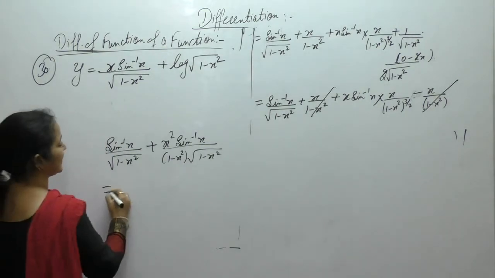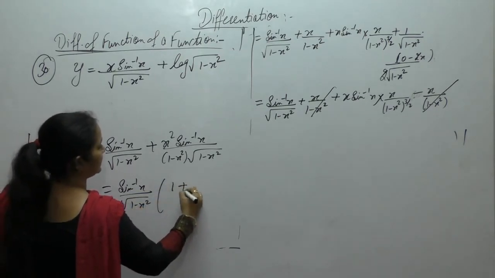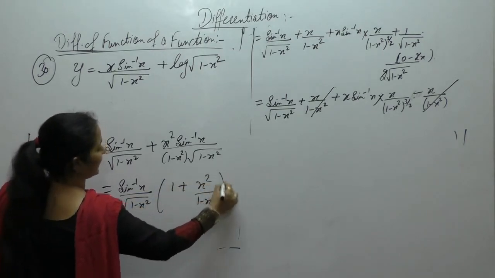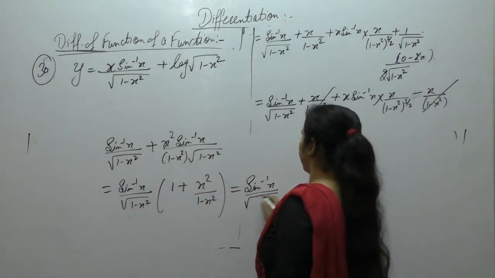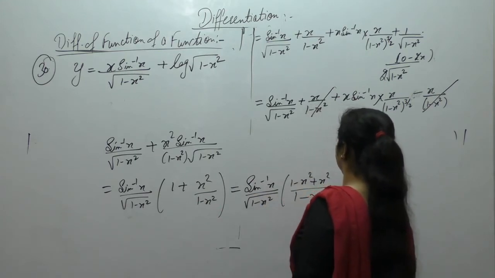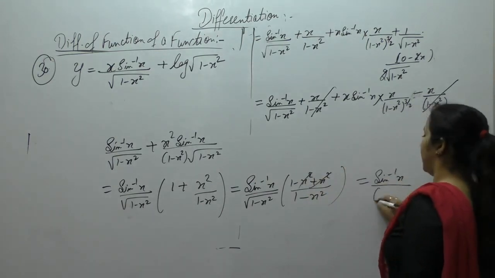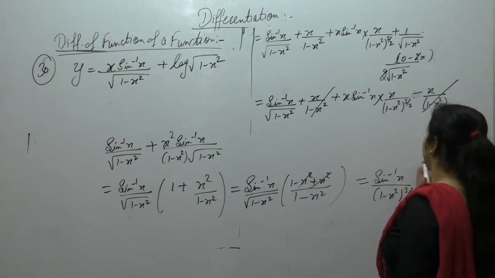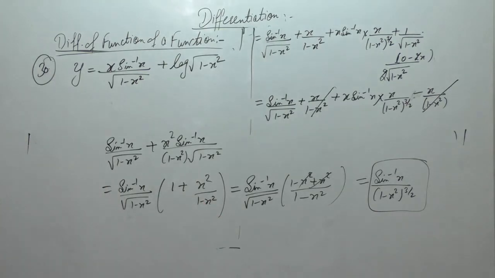Now take the LCM. sin⁻¹x is common, √(1 − x²) is common, so 1 plus x²/(1 − x²). So we get sin⁻¹x/√(1 − x²). Take the LCM here, it will get cancelled, so we get the result as sin⁻¹x/(1 − x²)^(3/2). Note it down.